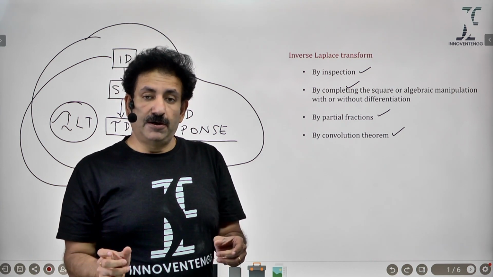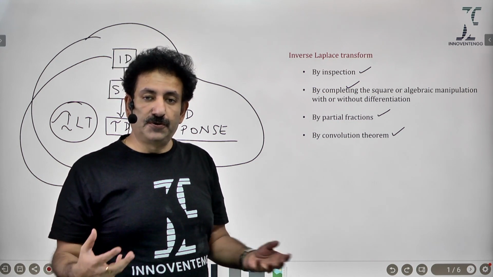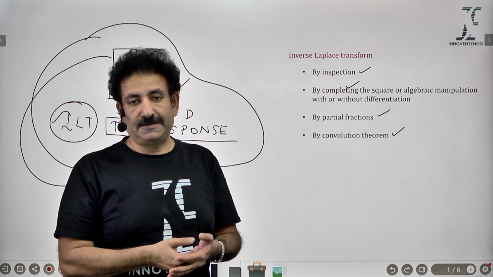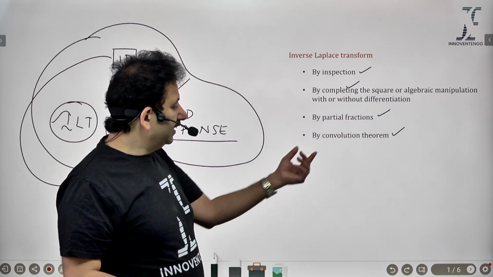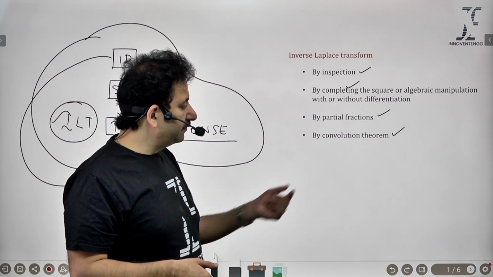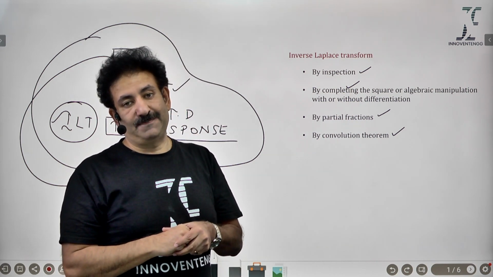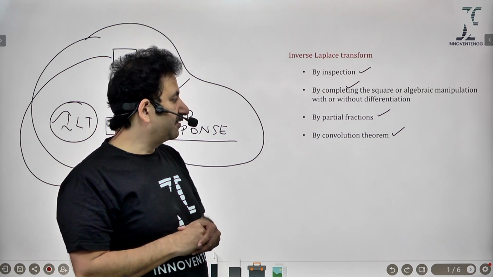And we will also give you one practical example without actually solving, if you know the particular response of a system. So how do you actually write the result even without going into the convolution theorem, but understanding the principle of convolution theorem. Okay, so that is going to be very interesting.